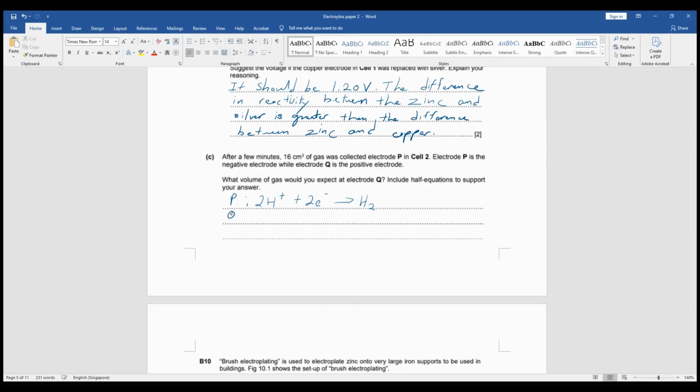And then Q, your hydroxide being discharged. Okay, this should give you 1 mark or 2 marks, I don't know, because the total is only 3 marks. Then we need to calculate what volume of gas you would expect at electrode Q.